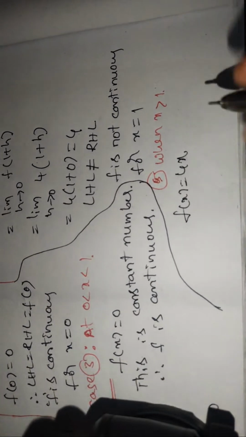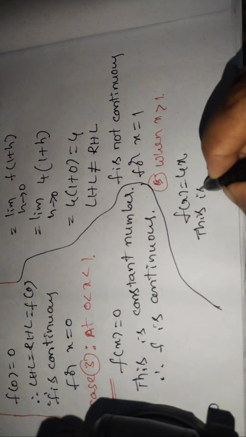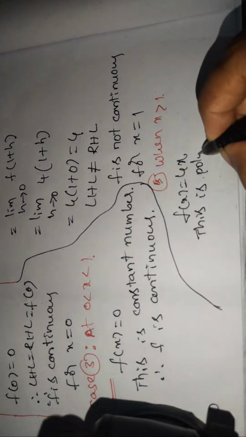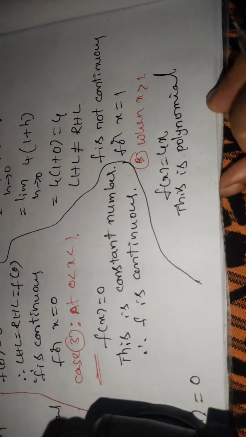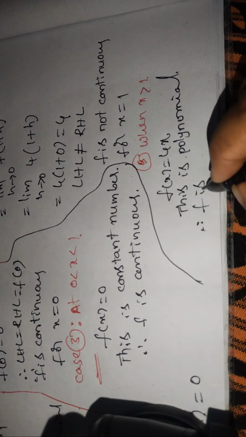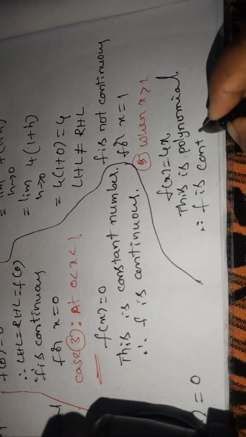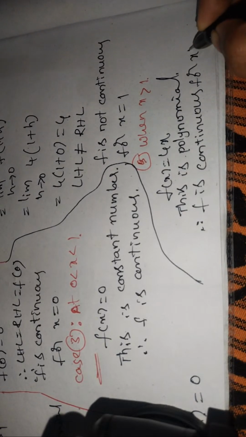If you observe, this is a polynomial. When a function is a polynomial, what about f? Is it continuous or not continuous? Yes, continuous. f is continuous for x greater than 1.